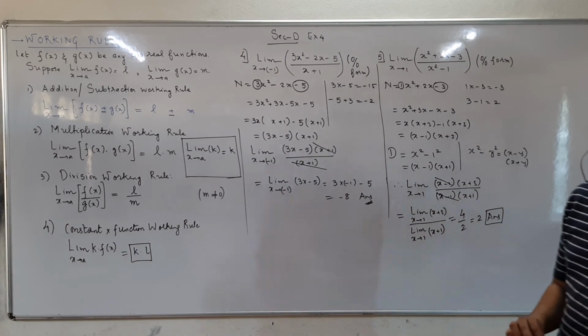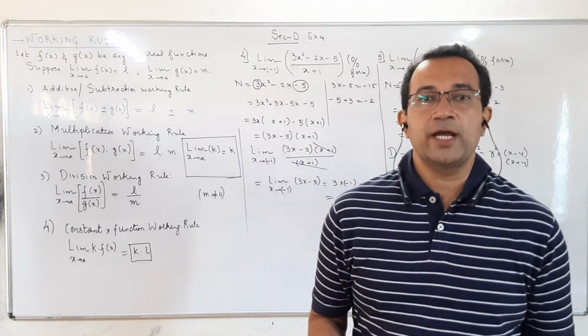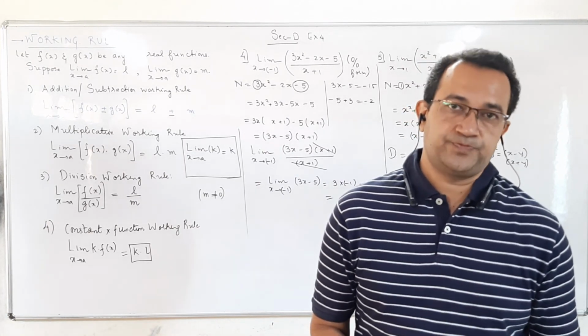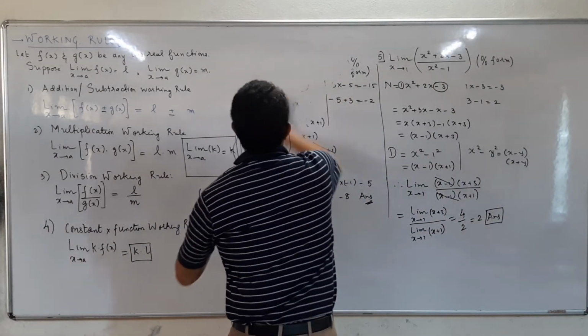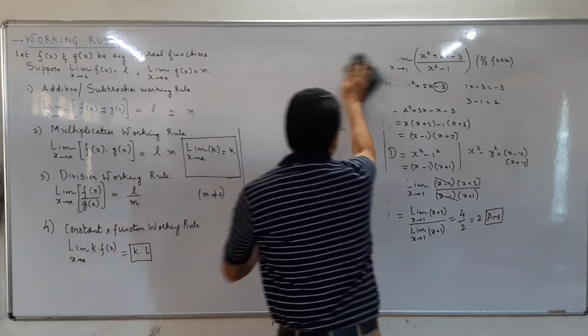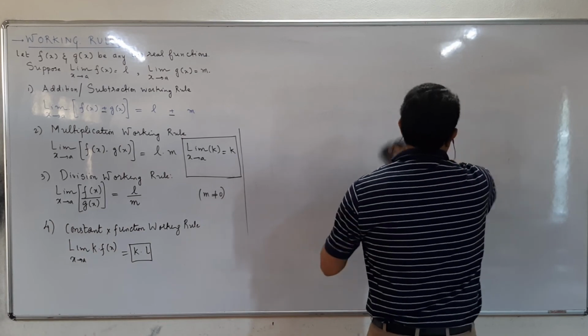If at all you can simplify. Don't worry, students, I am going to help you. We are not going to leave any single sum. So let us do one or two MCQs if we can. Many questions, students, we will do in the next lecture. Let us do 1 or 2 MCQs.